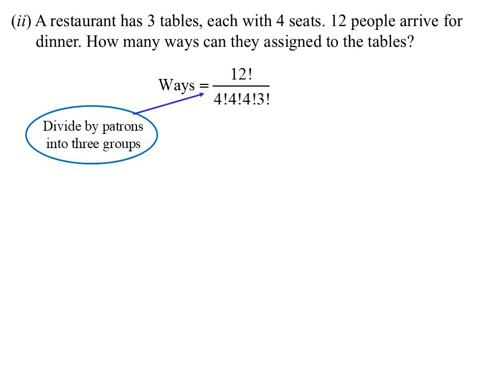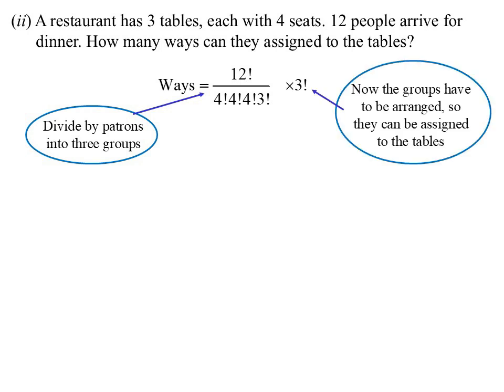But this question now has an extra thing, because now I'm going to actually do something with the groups. I'm going to place them on tables. So I have to now multiply by 3 factorial, the number of ways they could be arranged on the tables. So group 1 could go on table A, group 2 could go on table B, group 3 could go on table C, or group 1 could go on B, group 2 could go on A, group 3 could go on C. They are now different.